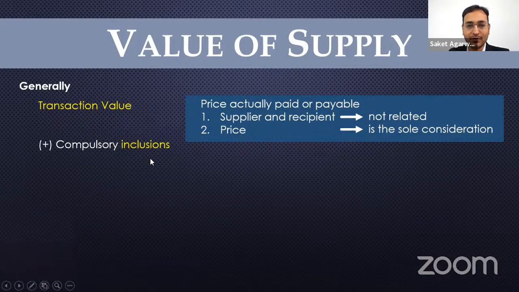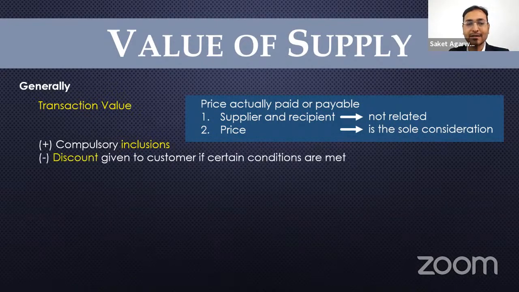There are some amounts which are supposed to be compulsorily included in this transaction value. And there are conditions which the government has given, which if satisfied, only then you will be allowed to subtract the discount before charging GST. If you satisfy these conditions, you will be allowed to subtract discount before charging GST. If you don't satisfy these conditions, then you cannot subtract the discount amount. You have to first charge GST and then give the discount.